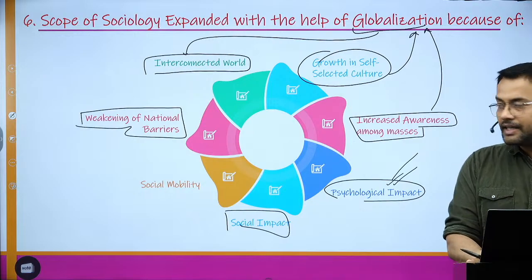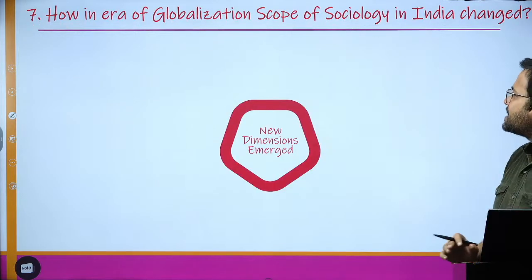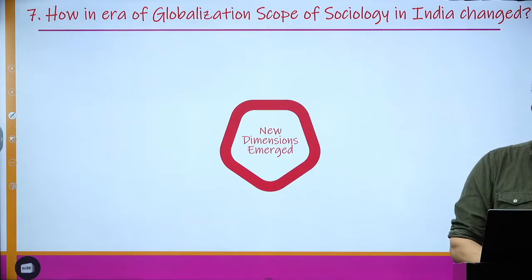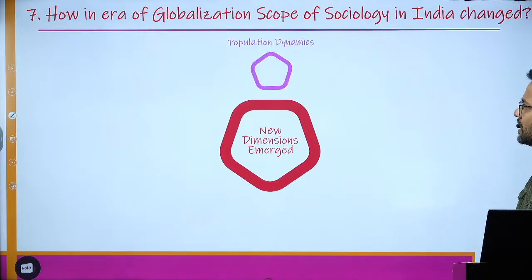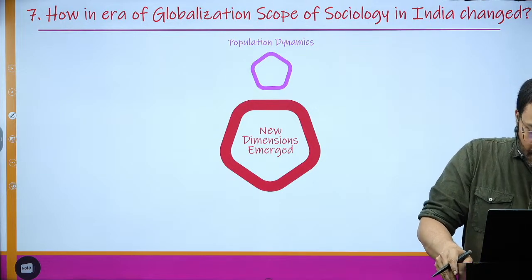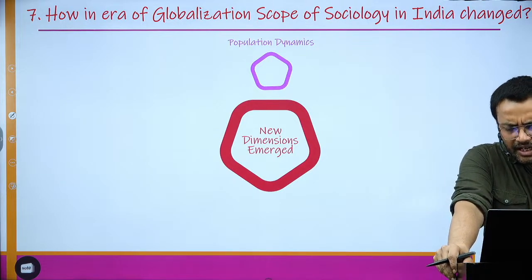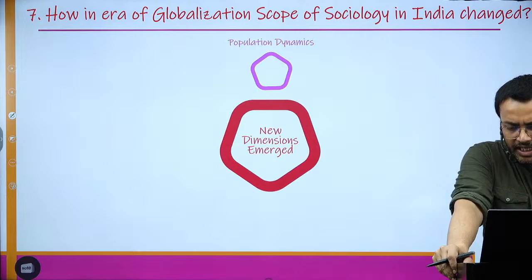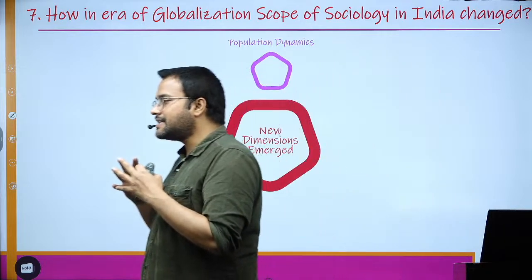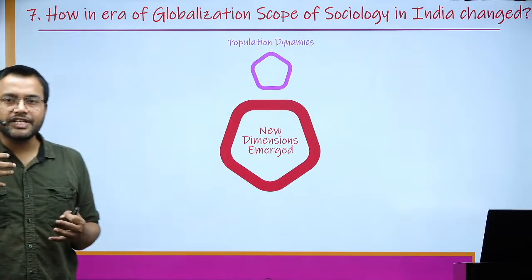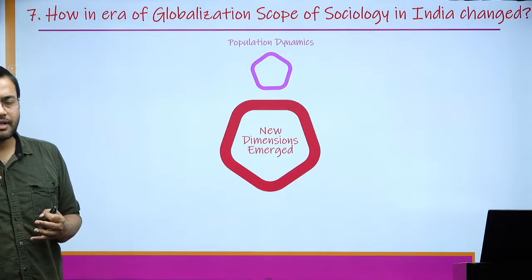Okay, now how in the era of globalization the scope of sociology in India changed. When you talk about the era of globalization, in the last few decades, there is a change in the population, in the sense that there is huge migration, incoming and outgoing, right?